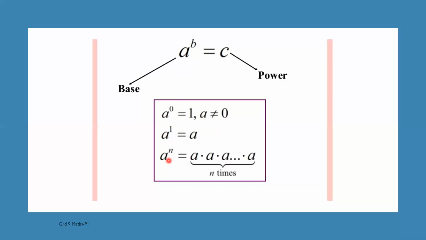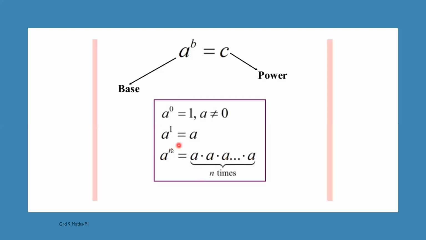Okay, a to the power of n equals a times a times a times a. As you can see, it continues like that. Guys, the n means the number of times. A is the base, and n tells us how many times we multiply the base.